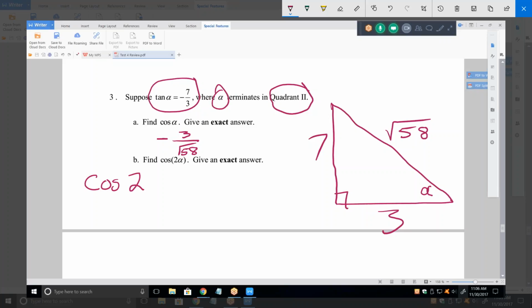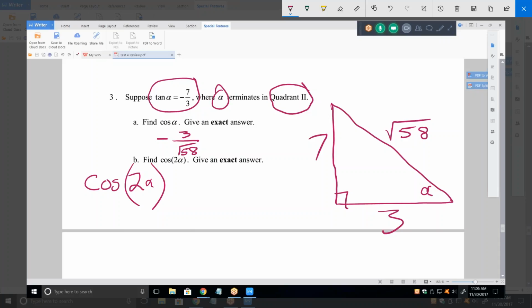Notice we never figured out what alpha was. We never bothered to, it wasn't necessary. I was still able to figure out the cosine of alpha without knowing alpha. That's the beauty, and that's why this is such a great question for trig: you don't figure out alpha.